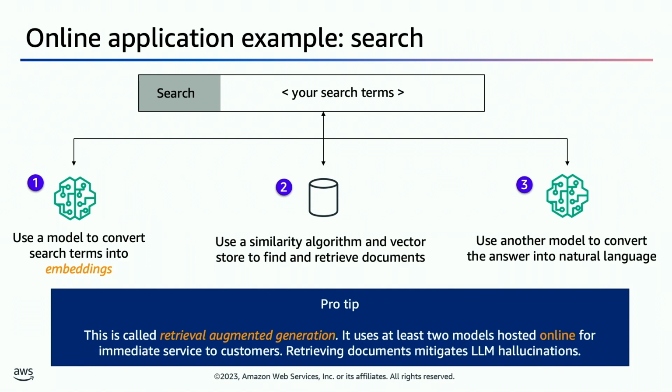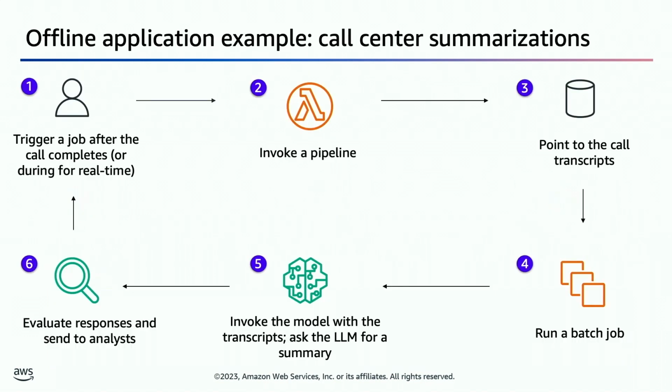So these are online application examples where I'm getting an immediate call and response with my customers, and I'm retrieving documents. Retrieving documents generally is a handy way to mitigate LLM hallucinations. So if I want to have a chat just about a couple of PDFs or a couple of documents, such as all of my consumer history, then retrieval augmented generation is a perfect way to do this. So that's an example of online applications.